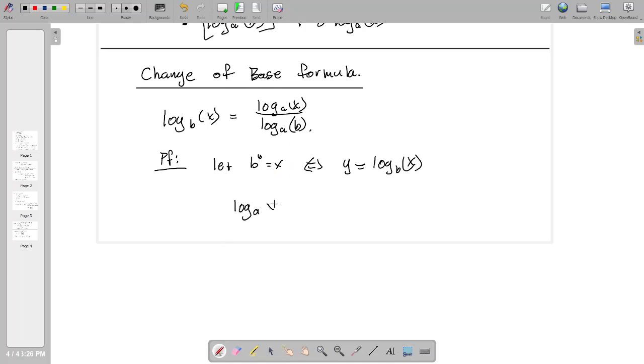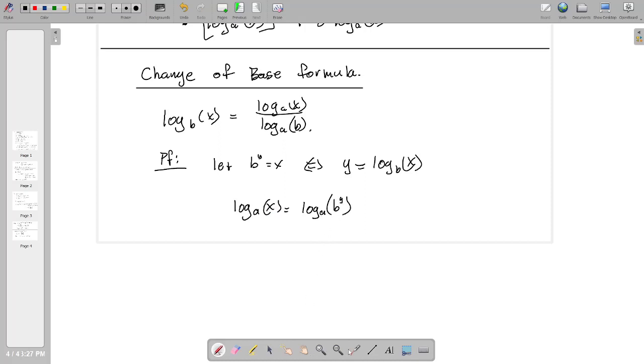Log base a of x. And see what we can do. So log base a of x will give us log base a of b to the y, because x is equal to b to the y. So I'm going to replace my x with b to the y. And I end up with log base a of b to the y.